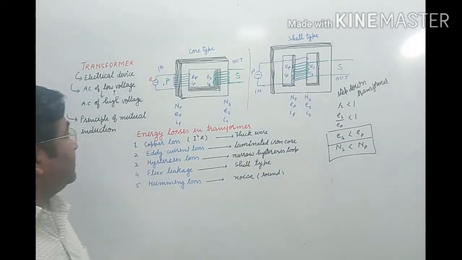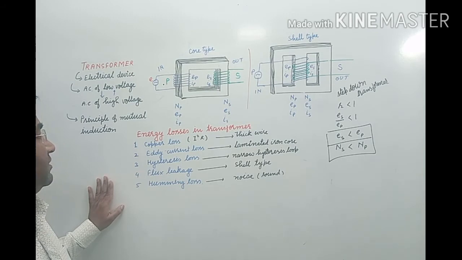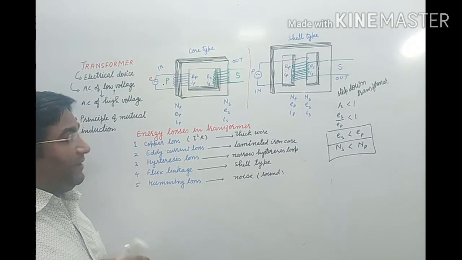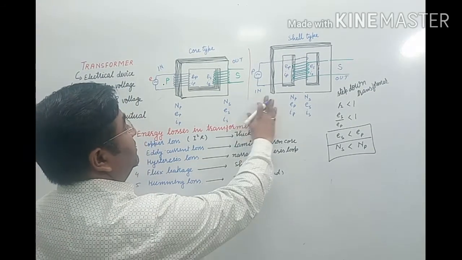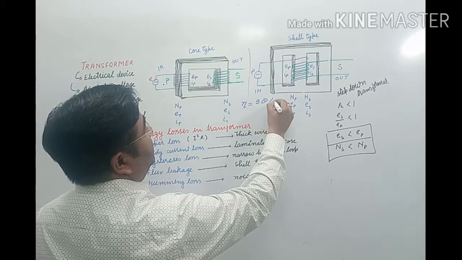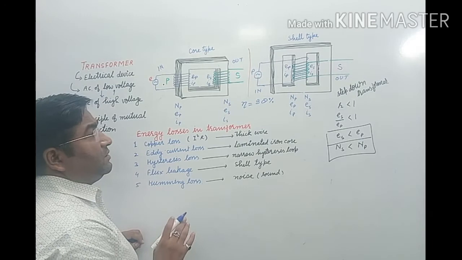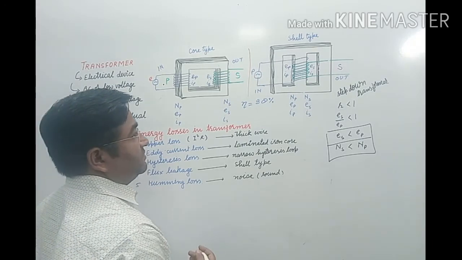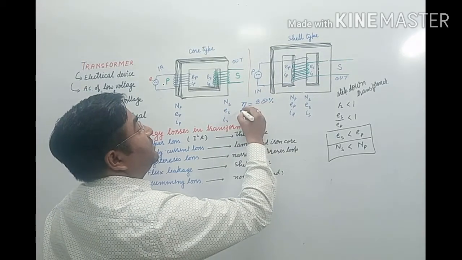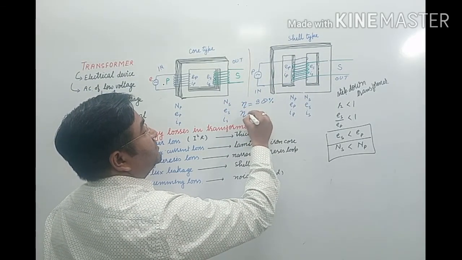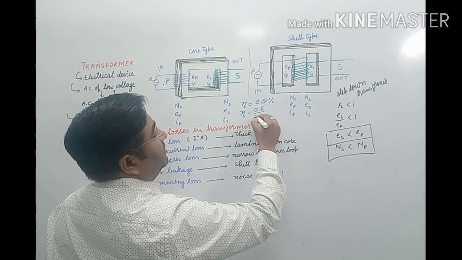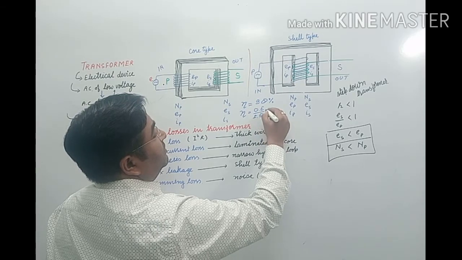Now the different losses in a transformer. The efficiency of a transformer is about 98%. It is the most efficient device, and efficiency equals output energy upon input energy into 100.